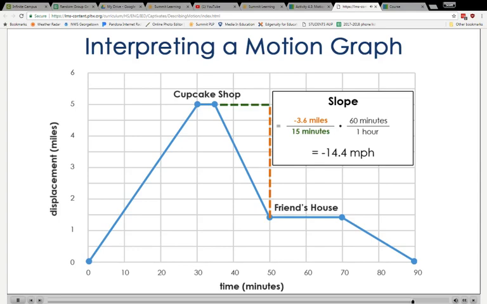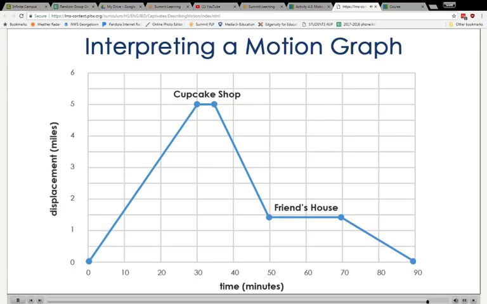Since we assumed east was positive, you are traveling at 14.4 miles per hour west from the cupcake shop to your friend's house. We would say that the speed is 14.4 miles per hour, but if we included the direction, we would consider 14.4 miles per hour west to be an average velocity.